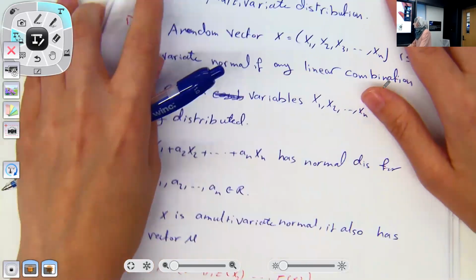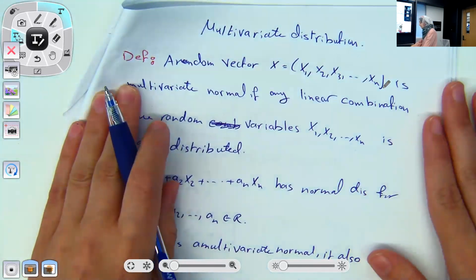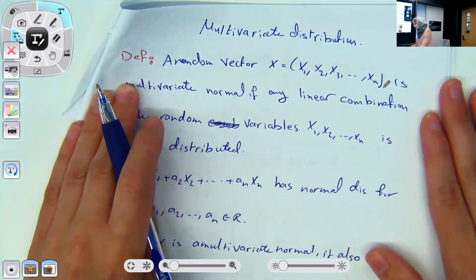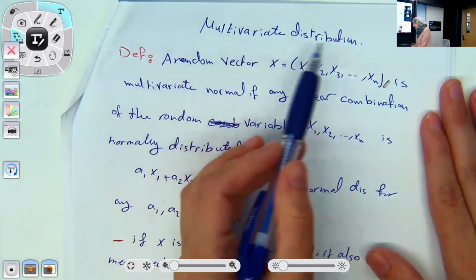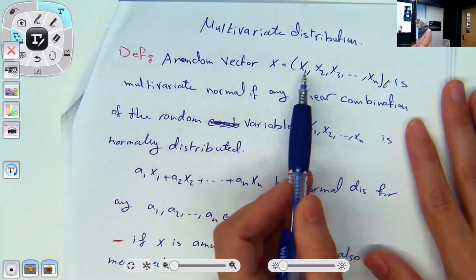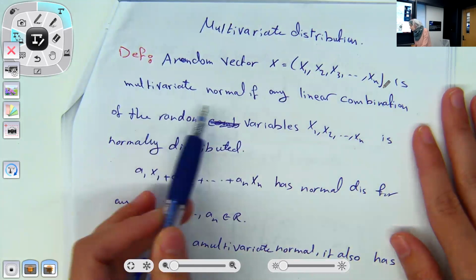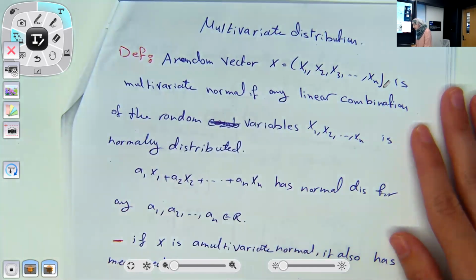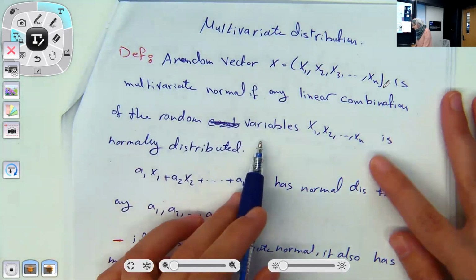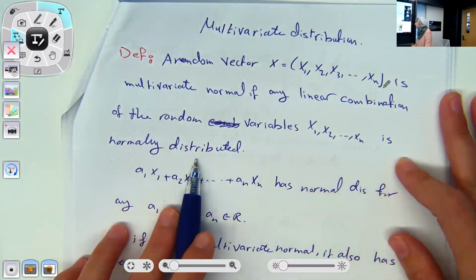We need to concentrate on multivariate, and we will explain more about it. I think you know about univariate and bivariate. In multivariate, we said a random vector x, which consists of x1, x2, x3, up to xn, is a multivariate normal if any linear combination of the random variables x1, x2, up to xn is also a normal distribution.